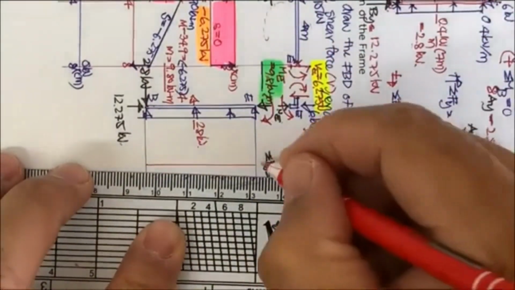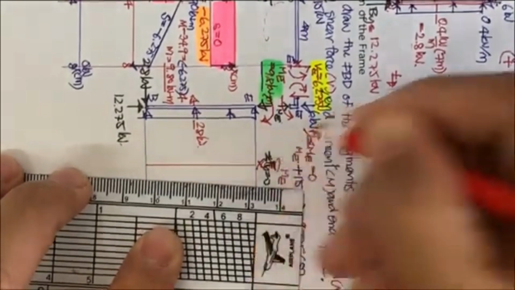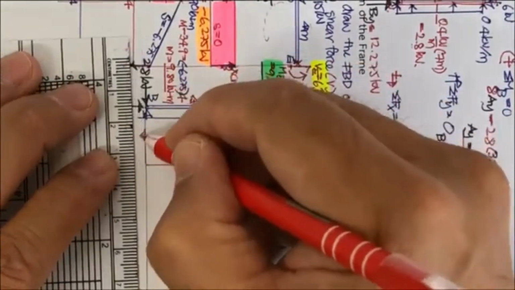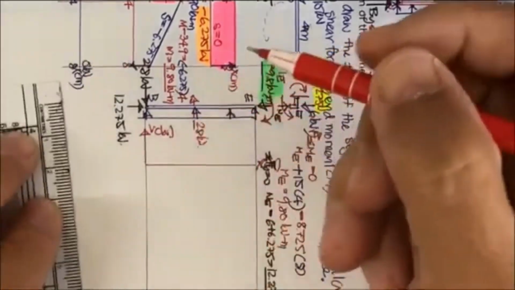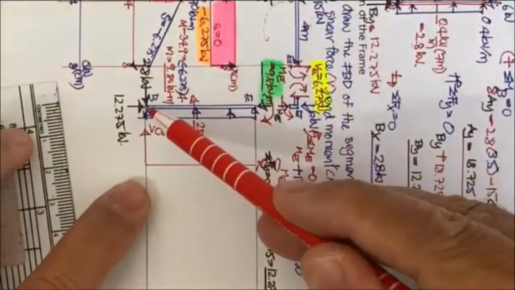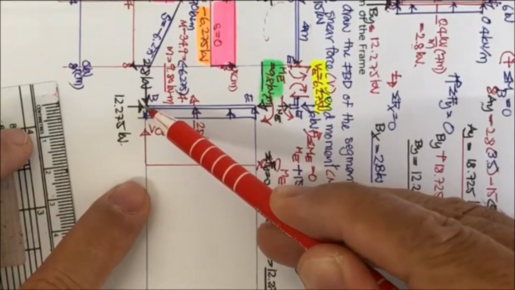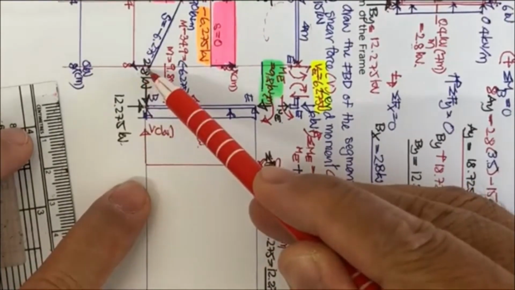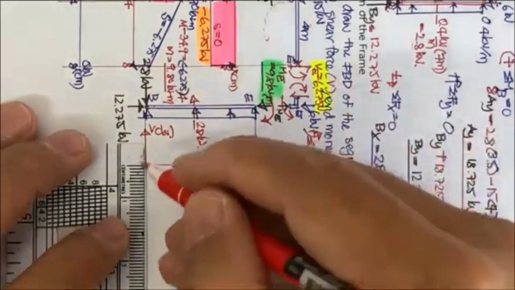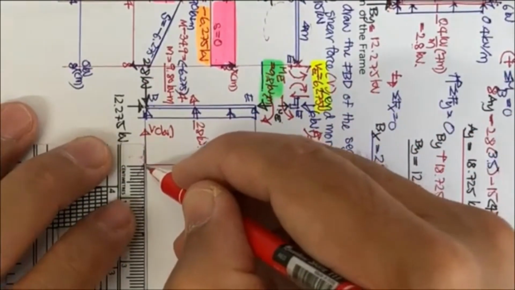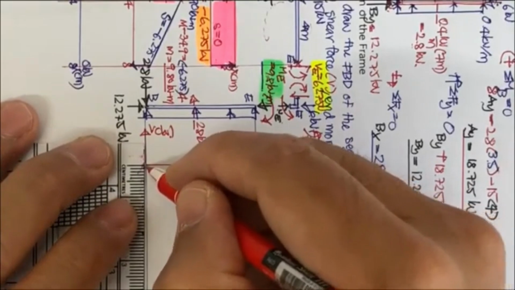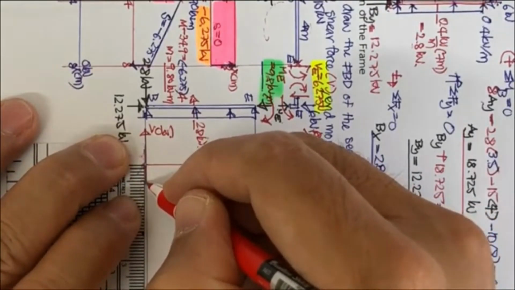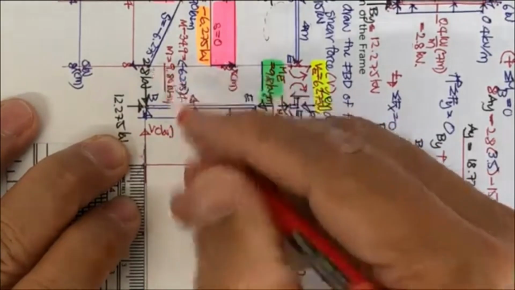This is going to be x, meter, and this is 3 kilonewton. From this, the force here is 2.8 kilonewton. Let's put this as 5.6 millimeter, 2.8 times 2 is 5.6 millimeter.